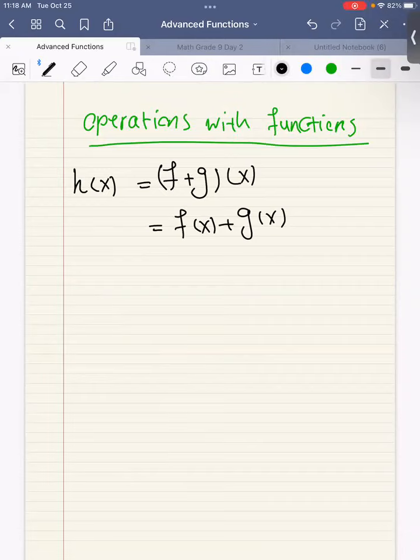So this is the addition, or sum of two functions.